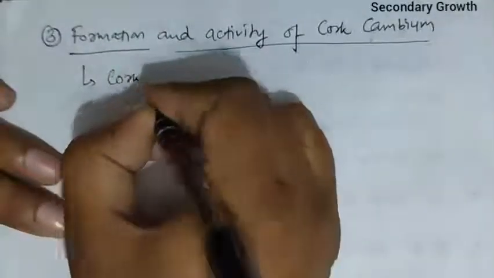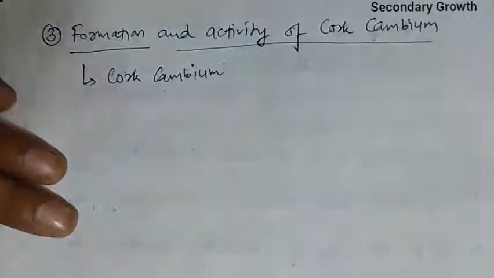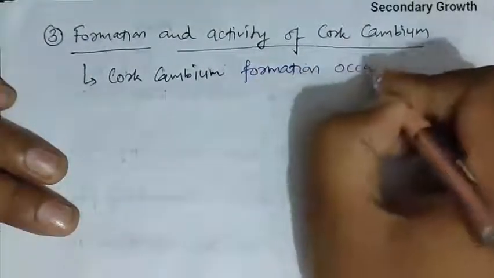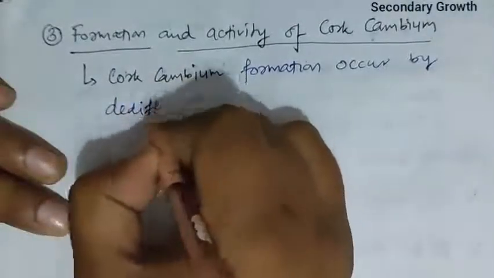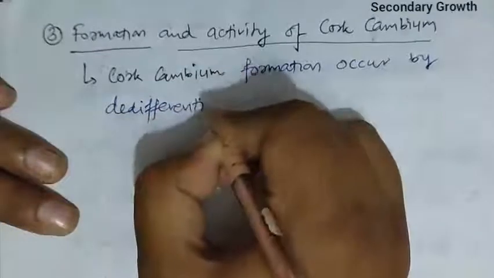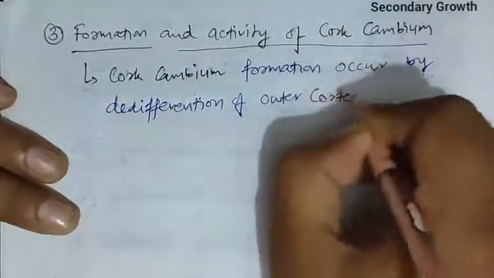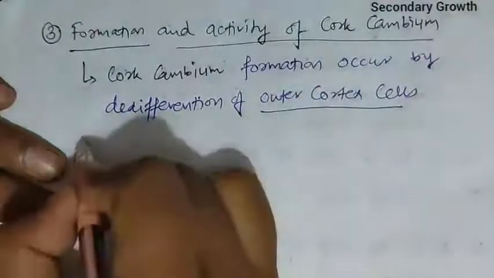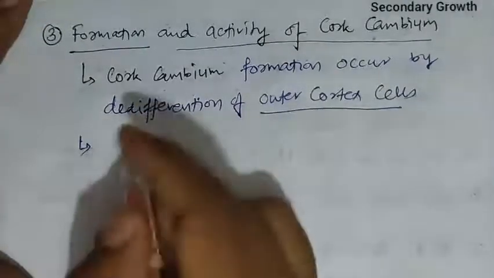Cork cambium formation occurs by de-differentiation of outer cortex cells. So the outer cortex will de-differentiate and form this cork cambium.